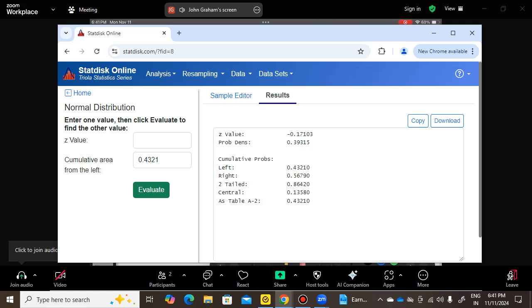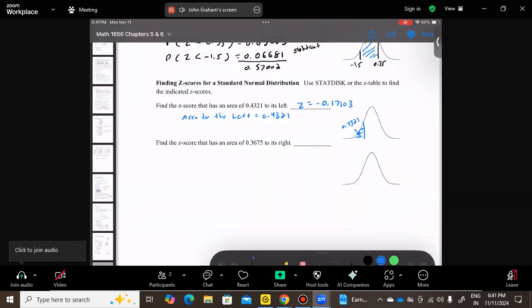In the next one, we want a z-score with an area of 0.3675 to the right. So that's this side. This is 0.3675. So we always have to find the area to the left, because that's how you have to insert it into your stat disk.